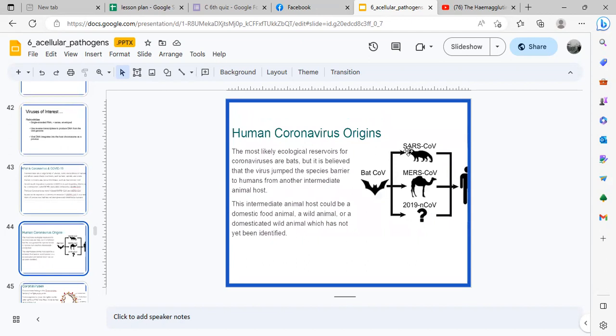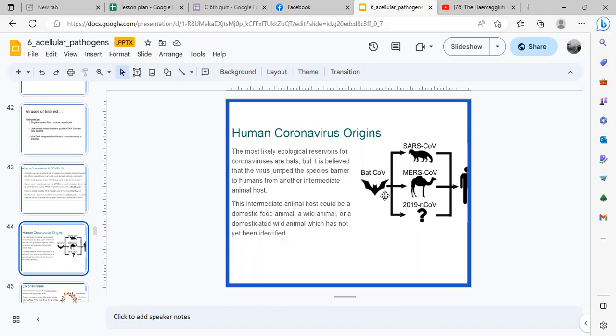Okay? So yan, yung COVID-19, sabi nga may intermediate organism bago mag-transmit sa humans. So sa MERS, ang theory is galing muna sa bat tapos na-transmit sa camel. Tapos eventually na-transmit sa humans.